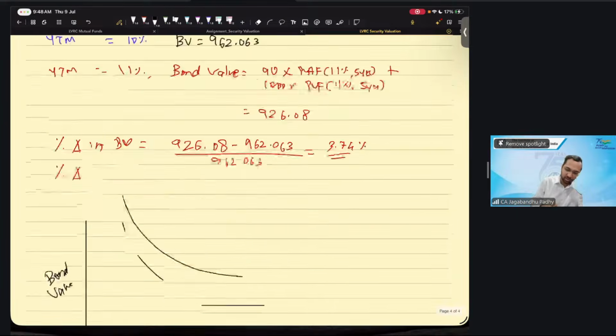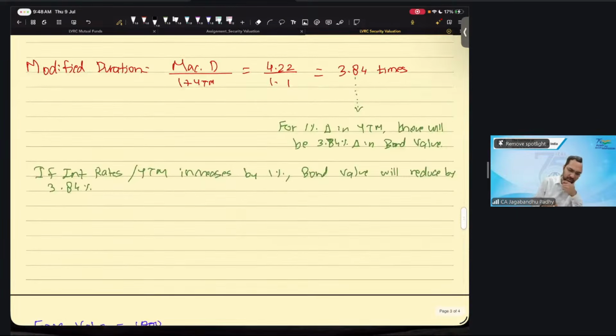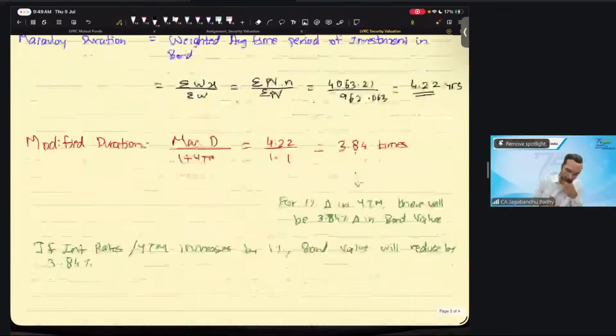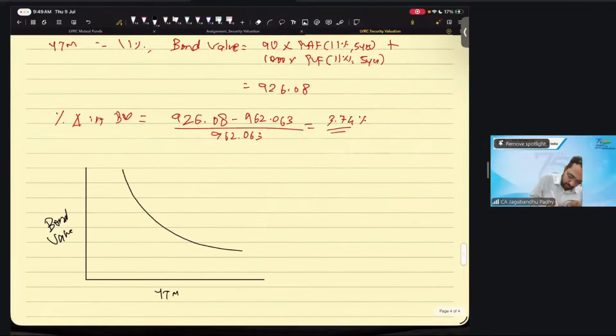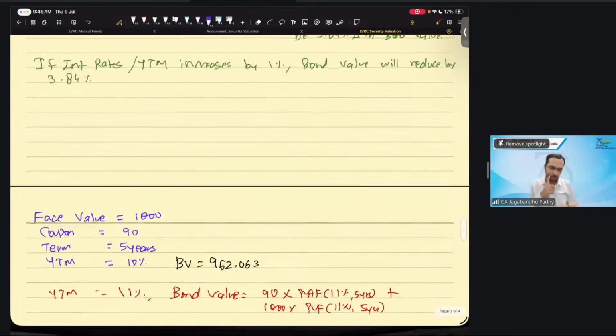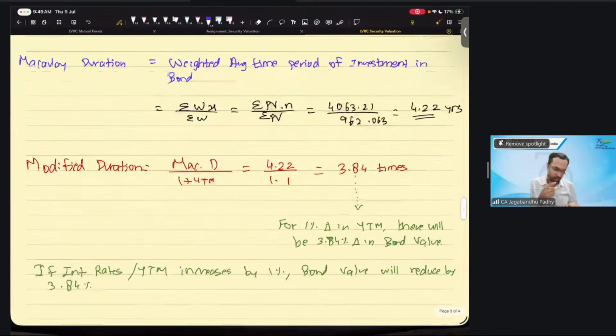Initially, when the YTM was 10%, the bond value was 962.063.